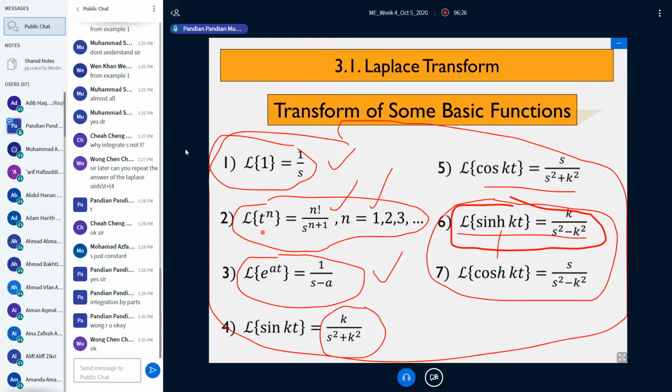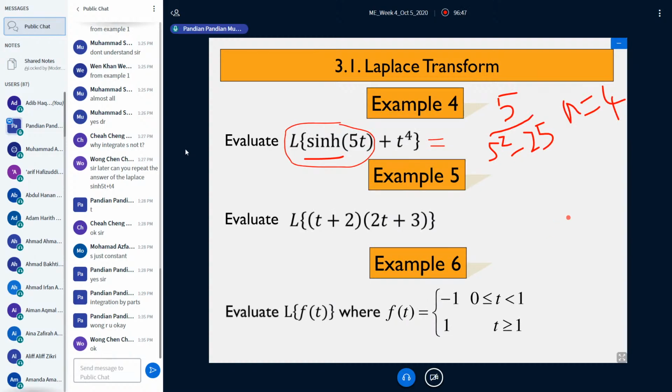The right way is Laplace of t power n: 4 factorial divided by s power 4 plus 1, which is s power 5. You cannot leave 4 factorial like that. You must write 4 factorial is 24, divided by s power 5.